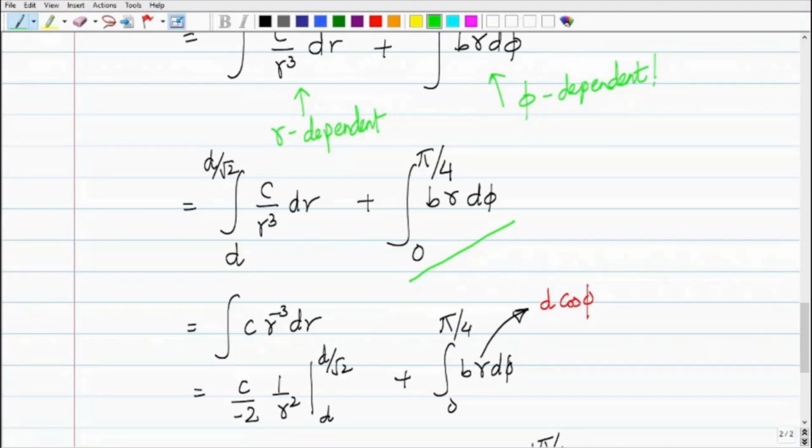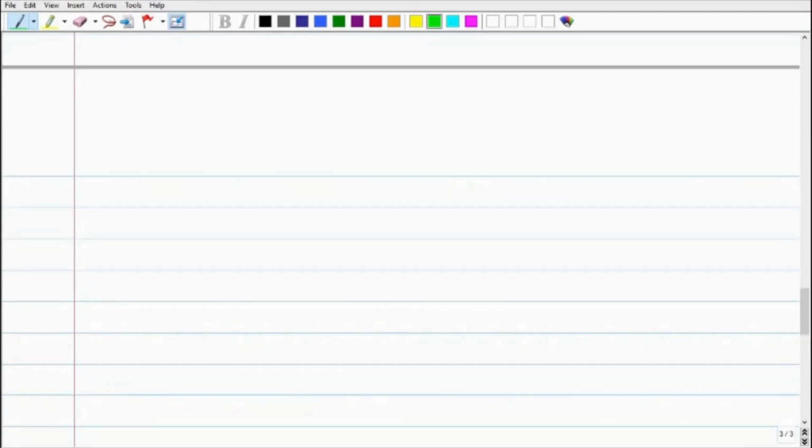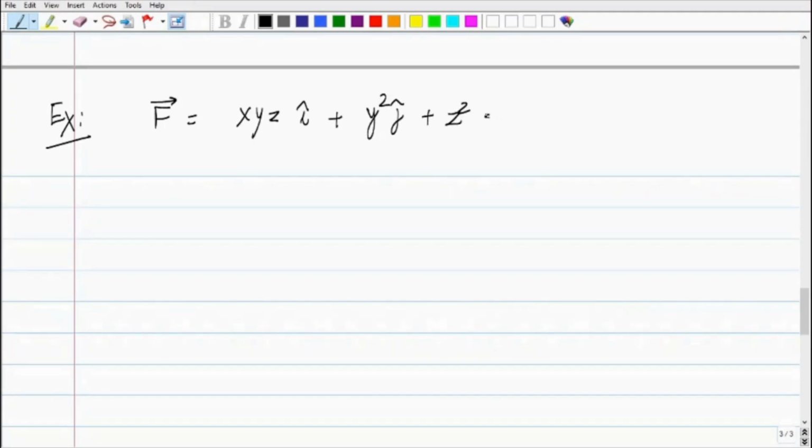Alright, let's do another example. Again, a very simple example, but the trick is how to do the line integration accurately. Suppose the force field F is xyz i plus y square j plus z square k.